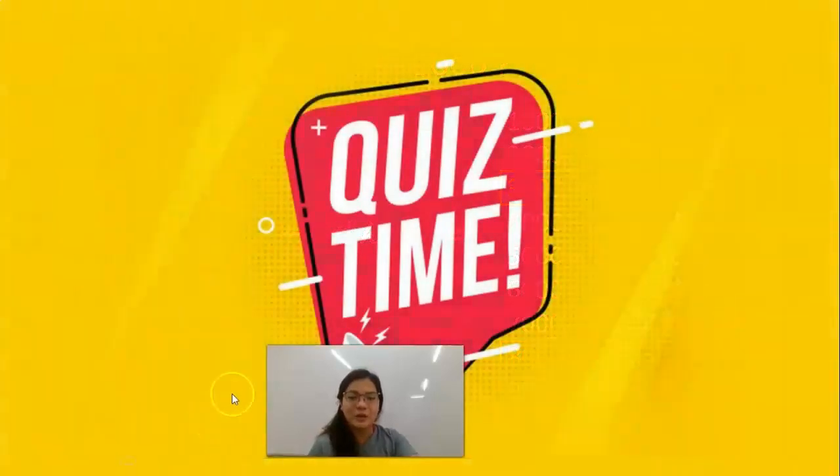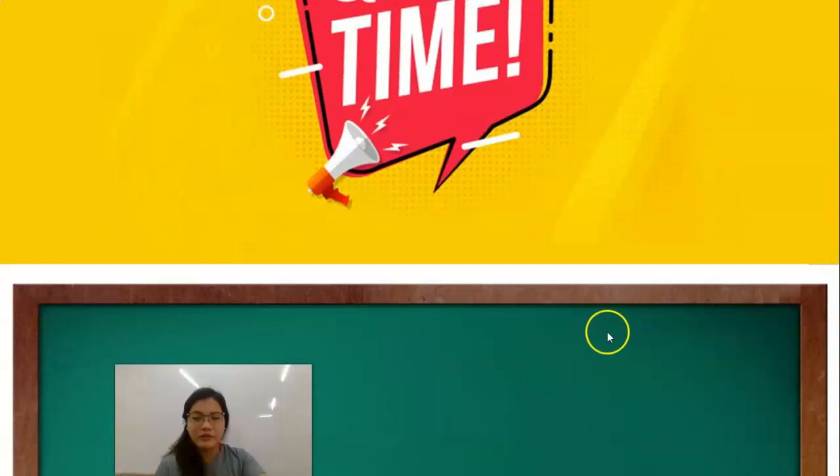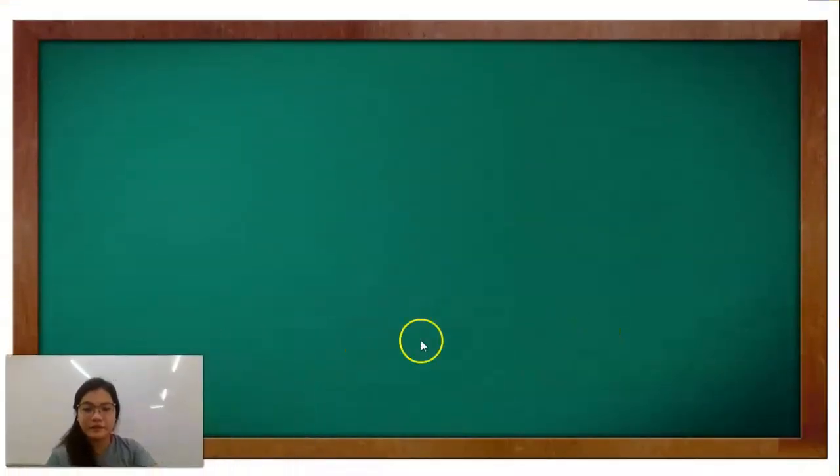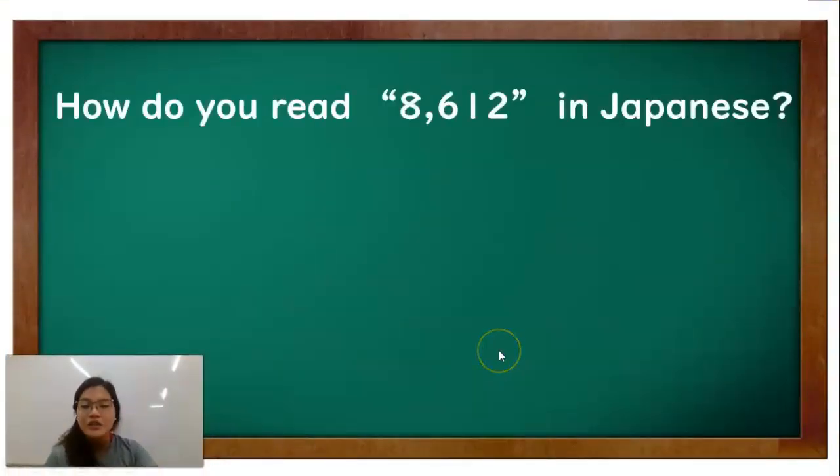Okay, so here's the quiz time. So here's the first question. How do you read 8,612 in Japanese?